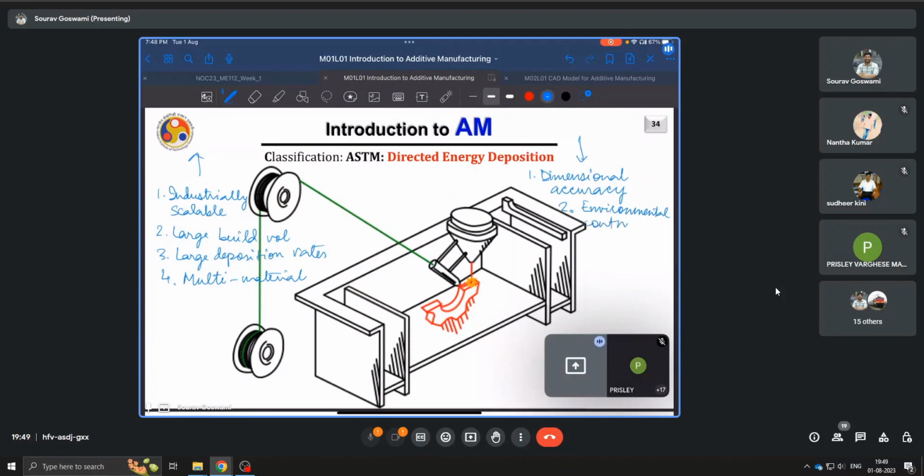It's the same chamber as in PBF, but because of the larger chamber sizes, often controlling the environment of the chamber is more difficult than in a powder bed process. Also, this process is more prone to defects, or the defects have a more debilitating influence on the properties of the final part.